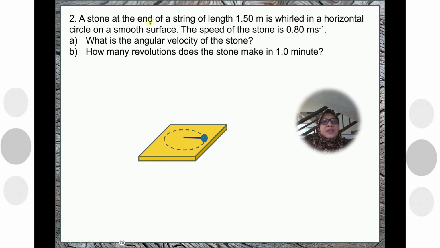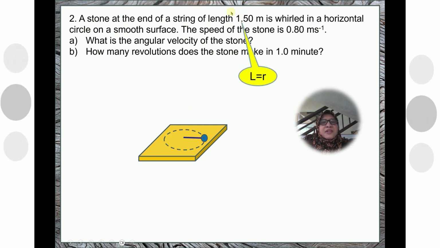The stone is attached at the end of the string, and it is whirled in a horizontal circle on a smooth surface. Okay, so the information given is the length, which equals the radius of the circular motion, and the speed of the stone.